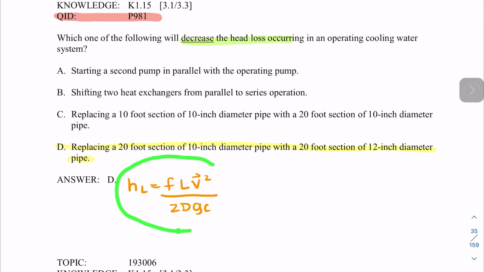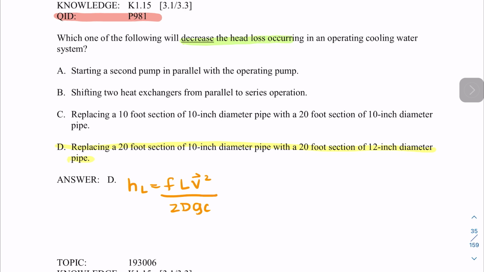we have Darcy's equation here. This is going to be our head loss, and it's going to be equal to our frictional coefficient for the piping, the length of the piping, the velocity of the fluid squared over 2 times the diameter of the piping times the gravitational constant. So that's going to be our question.